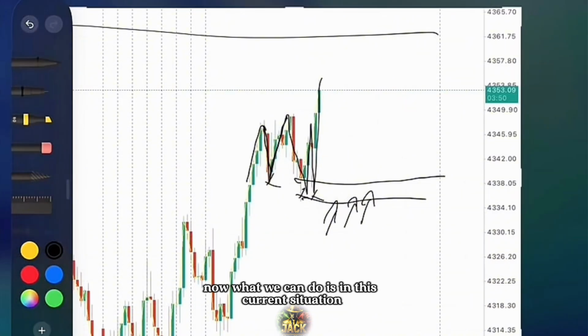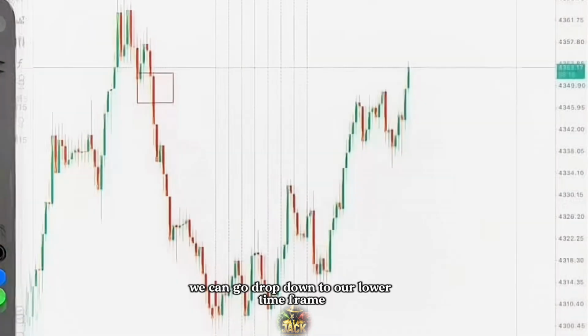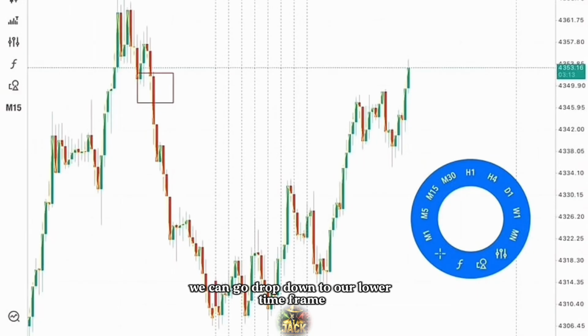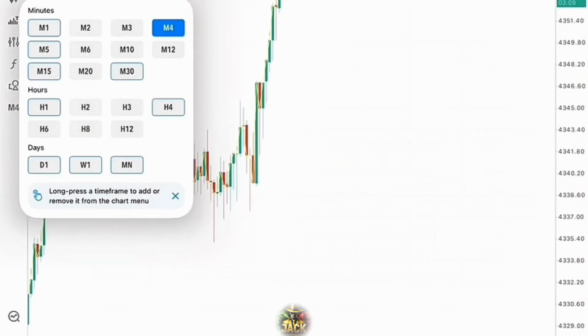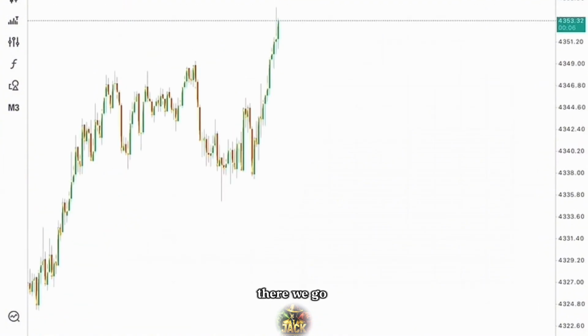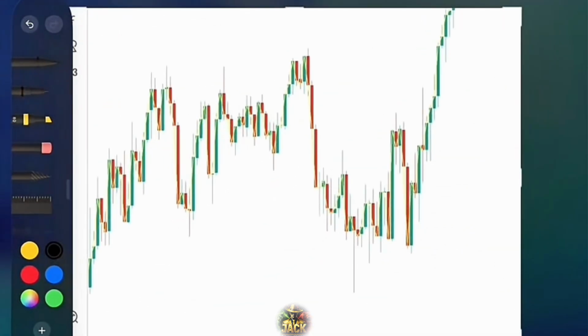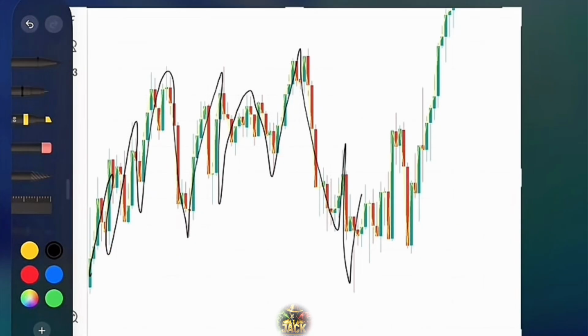Now what we can do in this current situation is drop down to our lower time frame. Let's say we go to M3 again. There we go. See this? Boom, boom, boom.